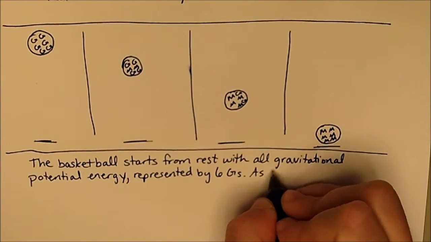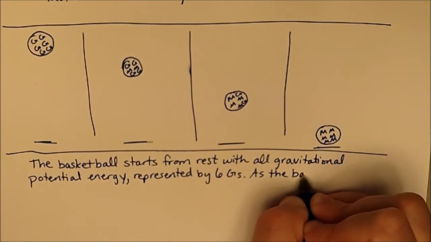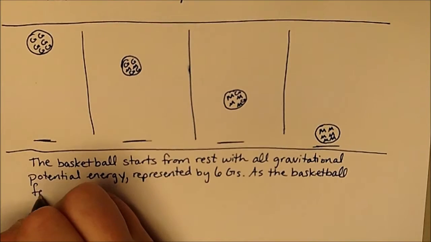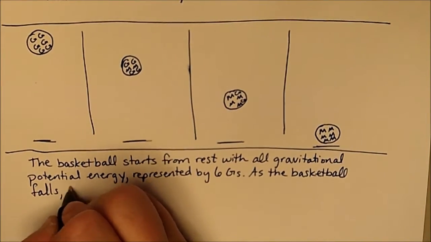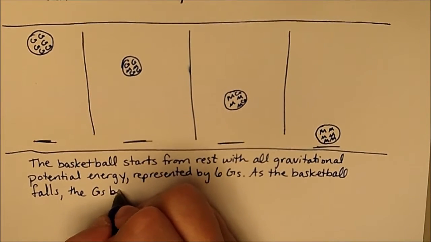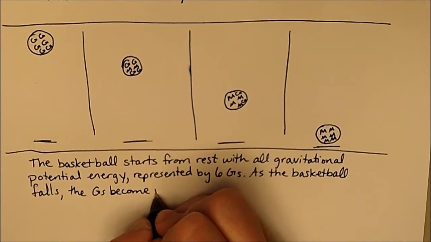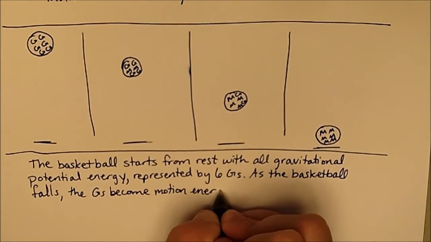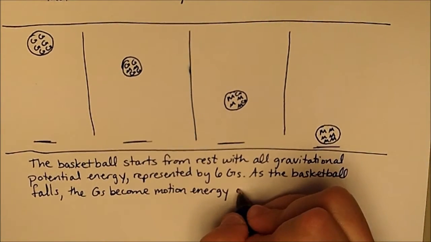As the basketball falls, the G's become motion energy, or M's.